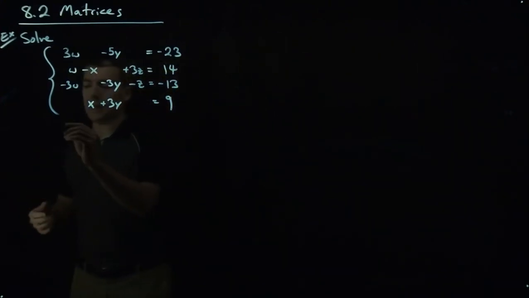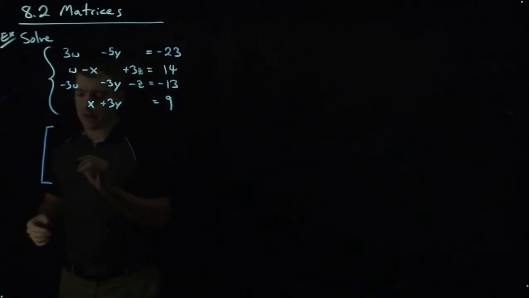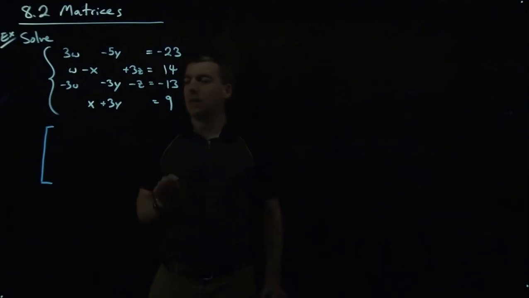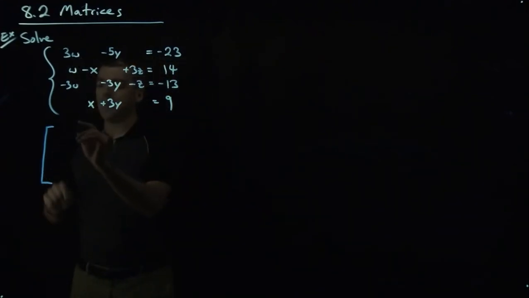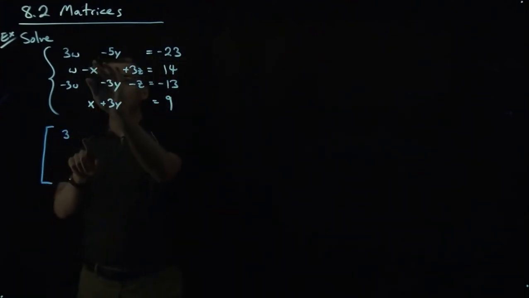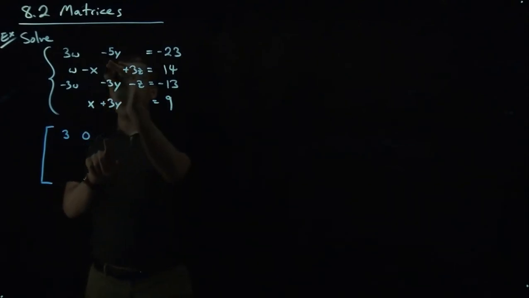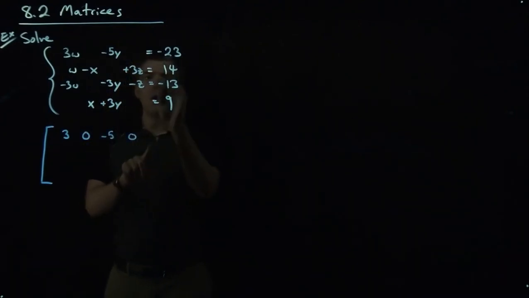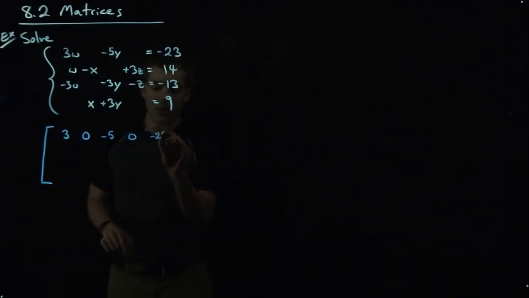So the first thing we need are some brackets, and then we just list the coefficients, starting with the variable w. The next column will be the x column, y's, z's, and then the constants. Okay, so 3, 0, negative 5, 0, negative 23.